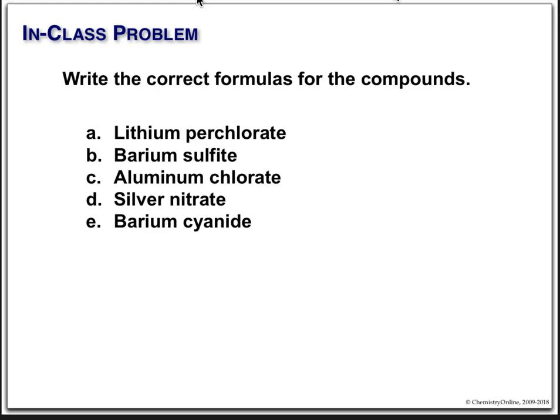ClO4. Lithium is +1. The chlorate family is -1. That's it. When you see this, you immediately think to yourself, chlorine in the middle, 4 oxygens around it, -1 charge.